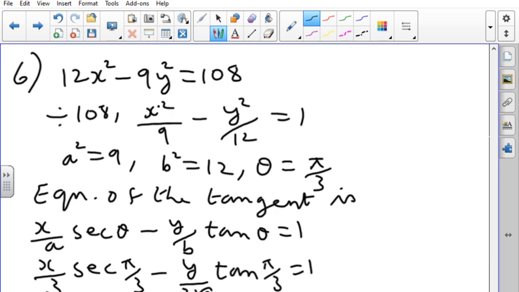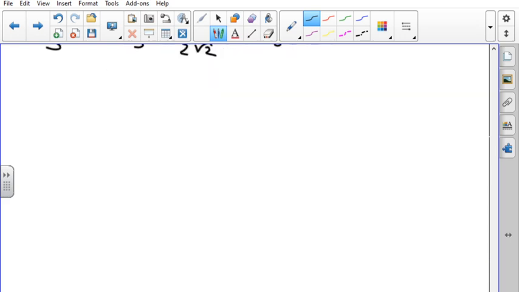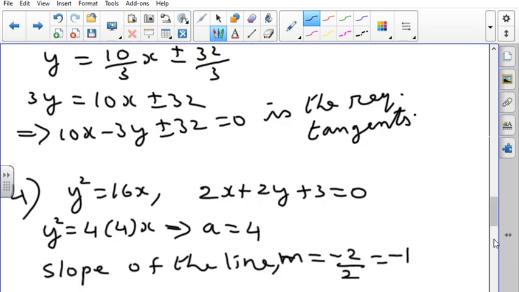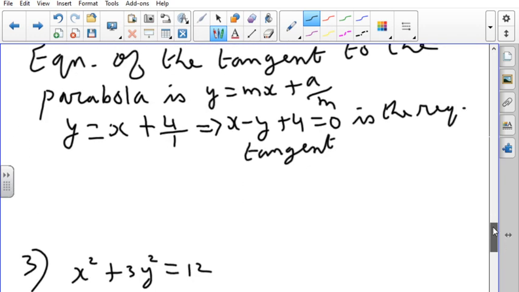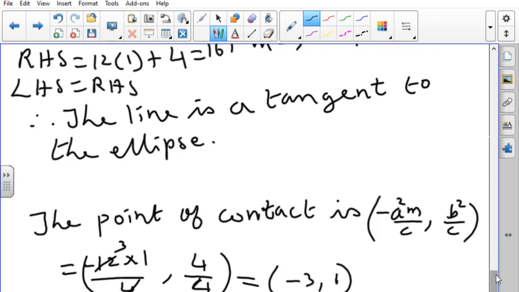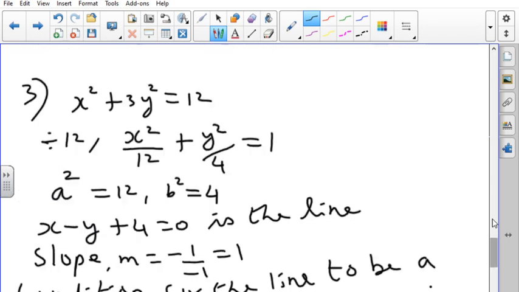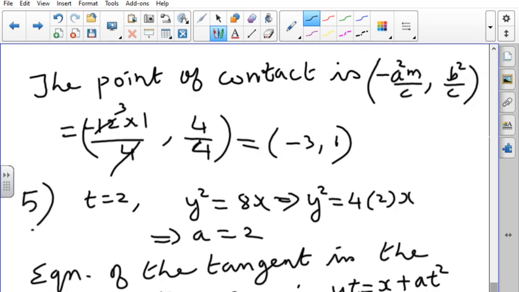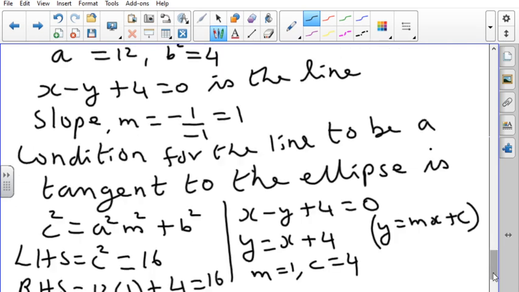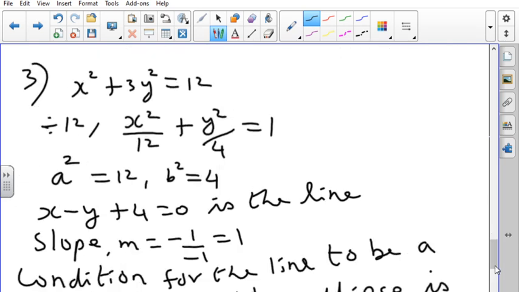Now secant pi by 3 is secant 60 degree. Secant 60 is the reciprocal of cos 60. Cos 60 we know is 1 by 2.